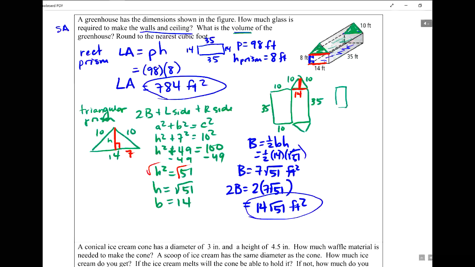So I have a rectangle that is 14 by 35. So it's 14 times 35. So the area of this one is... no, that's not 14. It's 10.